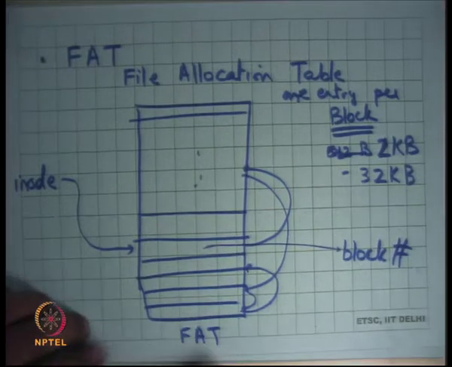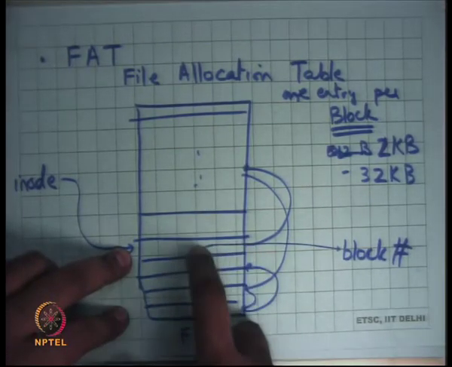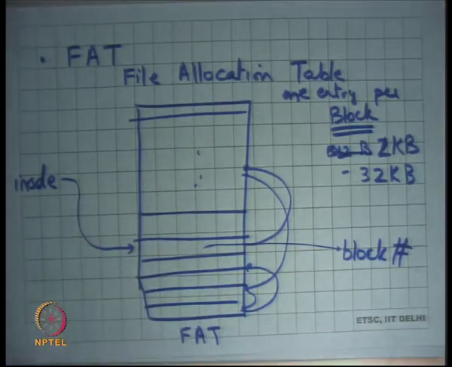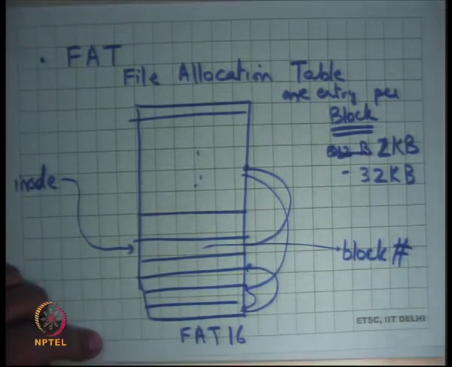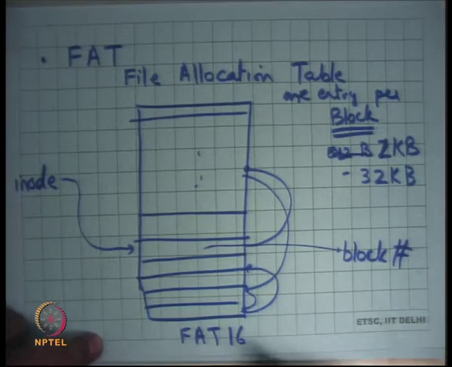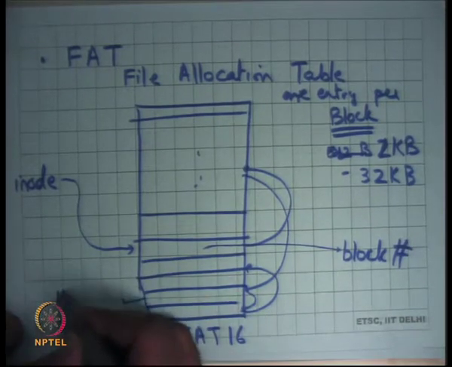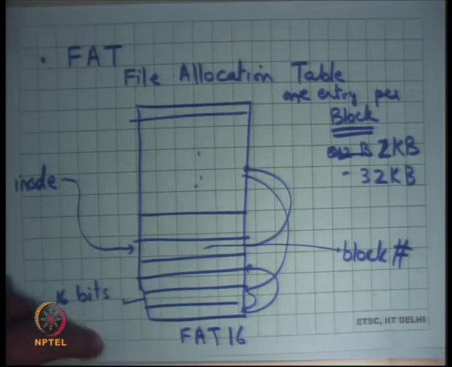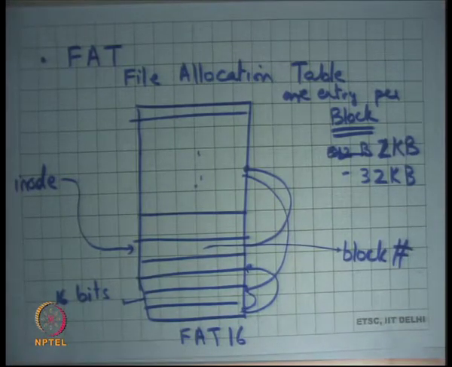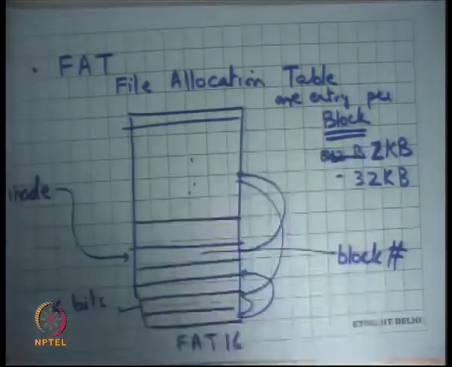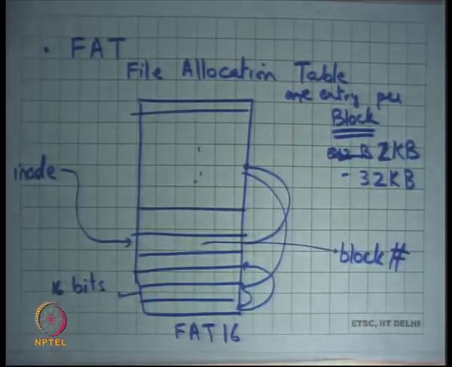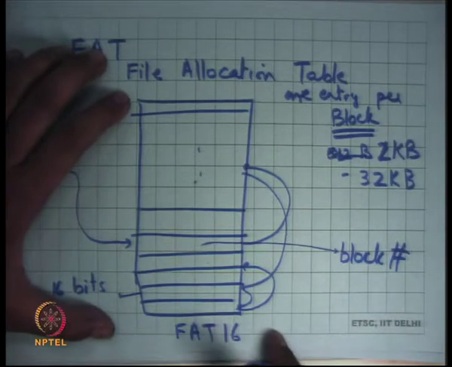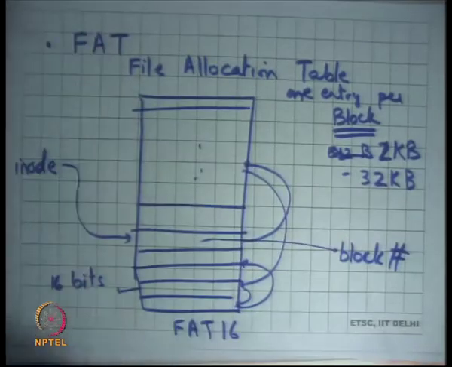The first incarnation of this idea was the FAT16 file system, called FAT16 because each entry was 16 bits, and a block could be between 2 kilobytes and 32 kilobytes. So what's the maximum size of a disk that you can support? You could have at most 2 to the power 16 blocks in your disk, each block being, let's say, 2 kilobytes.